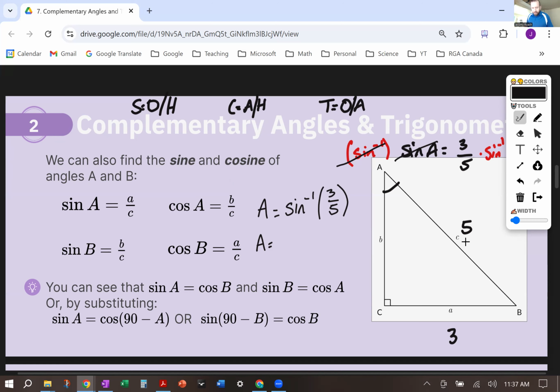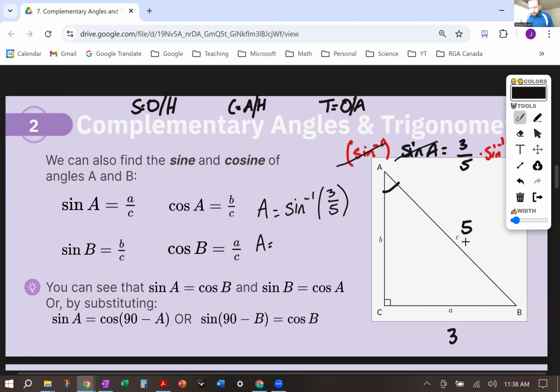So you can do inverse sine 3/5 on your calculator. Just make sure your calculator is in degrees. You can click mode on your calculator if you have a TI-84, and that's a really common graphing calculator.